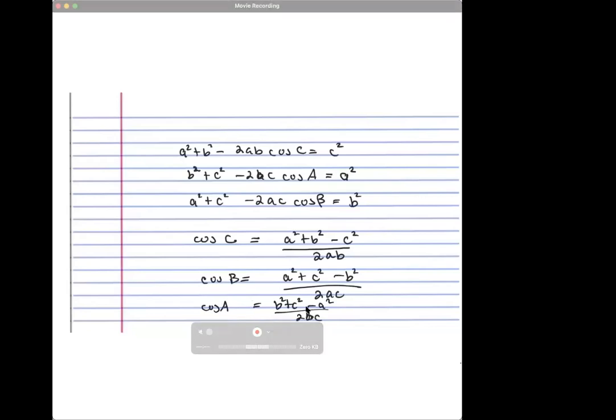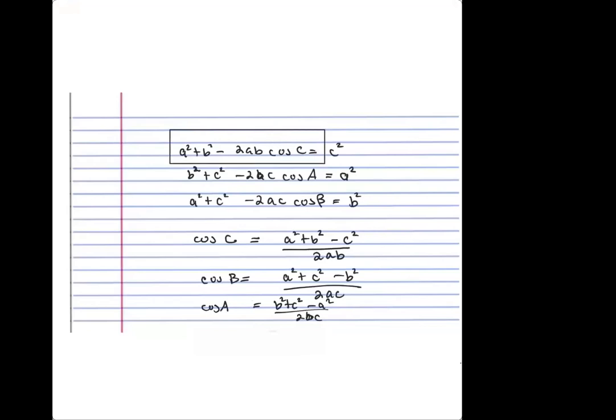All right, so since we're solving for little c, we're going to use the first formula.